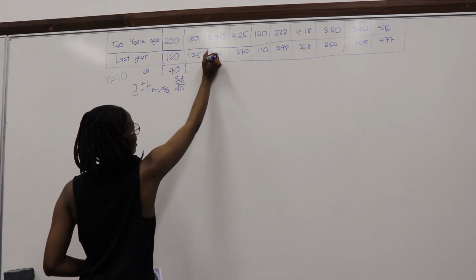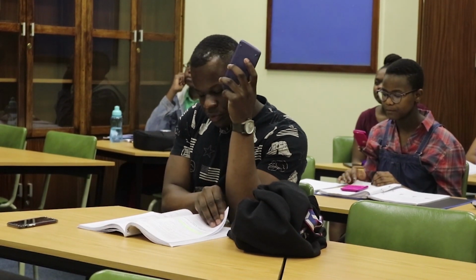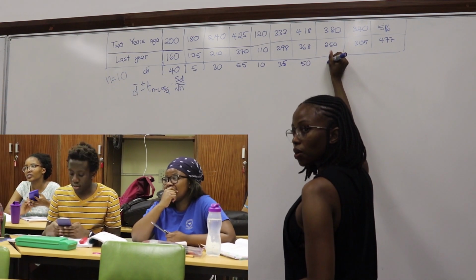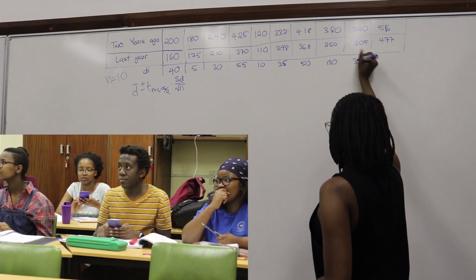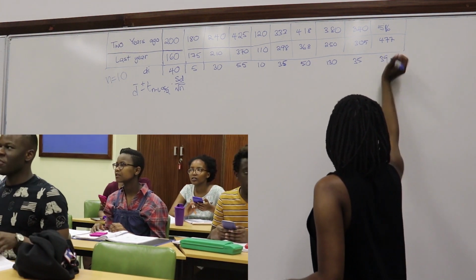Second one, 5. 30. 55. 10. 35. 50. 30. 35. 39.